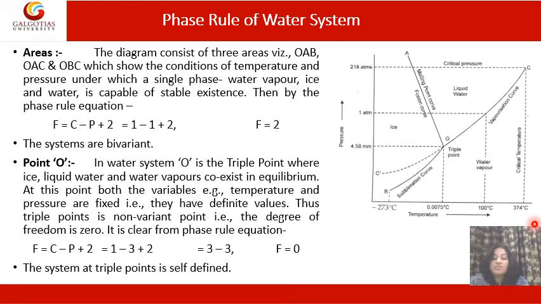Thus, the system has 0 degree of freedom at the point O and can be shown by the phase rule equation. F equals C minus P plus 2, where C equals 1 and P equals 3. So 1 minus 3 plus 2, which is 0, means the system at the triple point is self-defined.